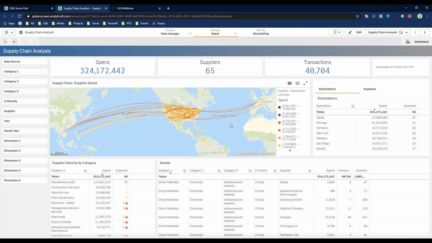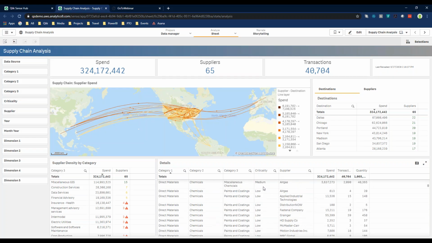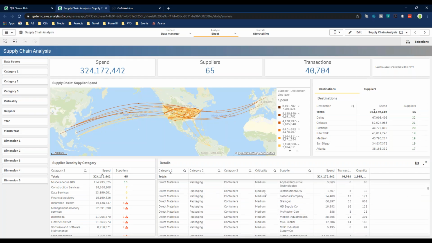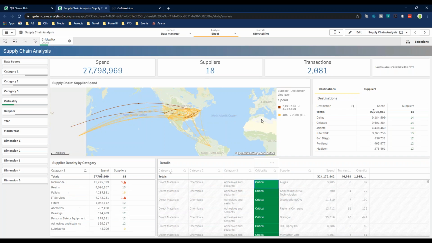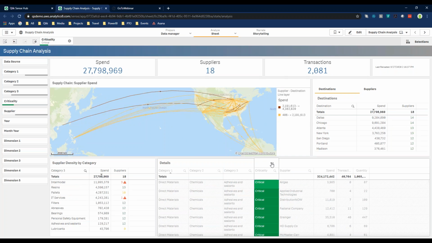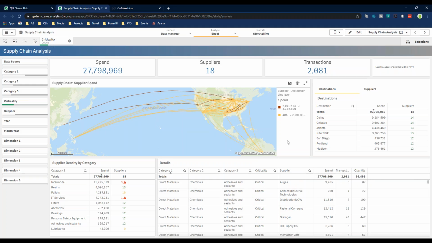In addition, we can start to take a look at those categories that are mission critical to your operations. So I can look here at my criticality, which I organized by low, medium, high, and then critical. I'm going to specifically look at those categories that are critical to my operations, and take a look at how many suppliers I have within those categories.